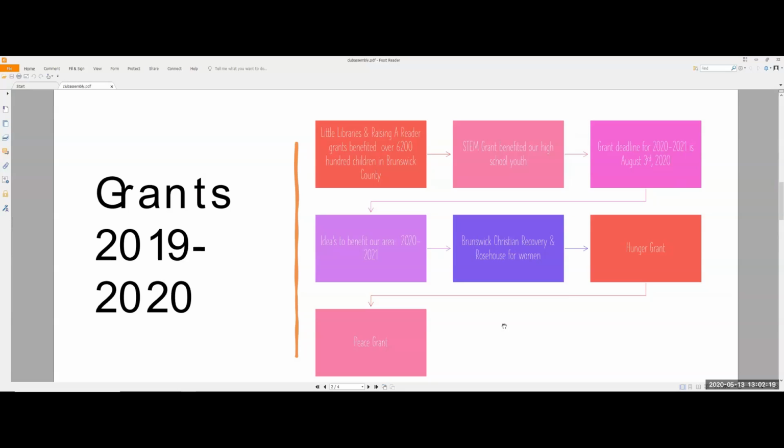Are there any other things that you could think of that we might want to pursue? Grants? One of the problems we have, if we get too many grants, don't we reduce the amount of money we can put in each one of them?